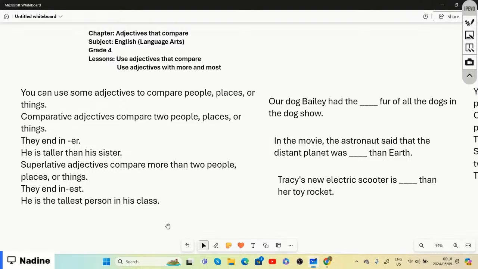And when we compare with comparative adjectives, they end in er. Which means that our adjective is going to end in er.